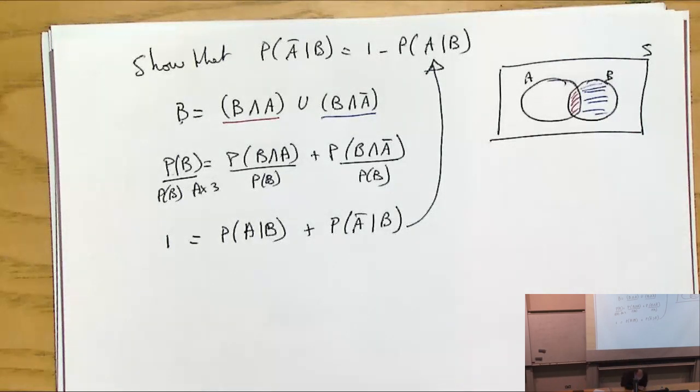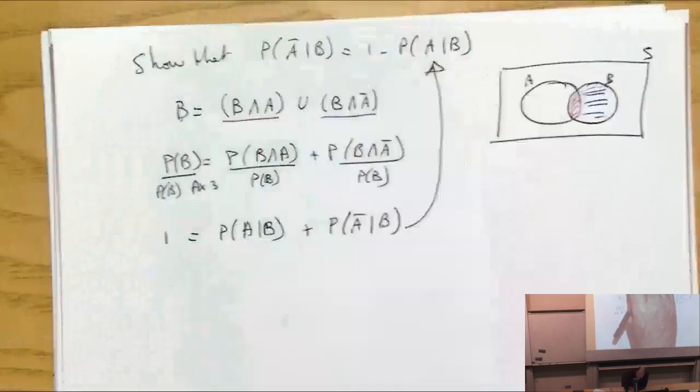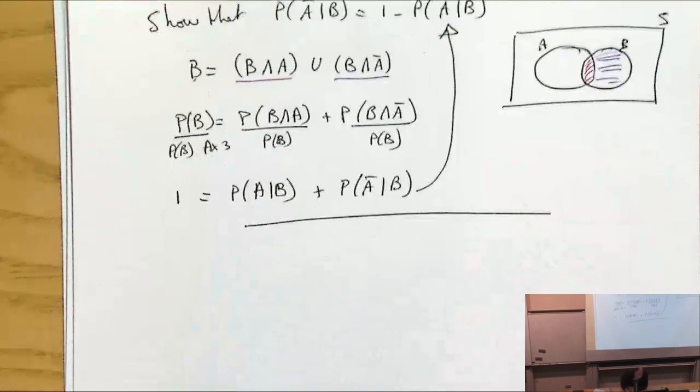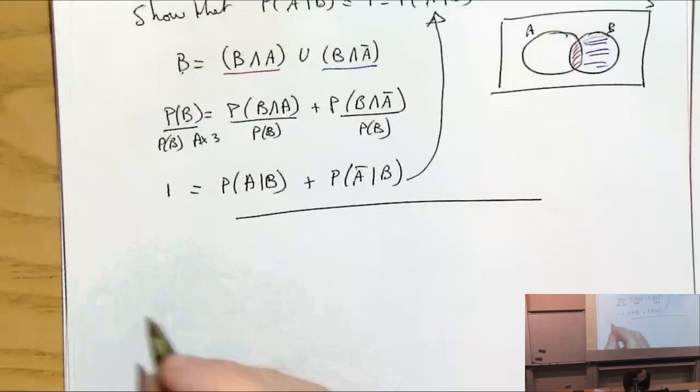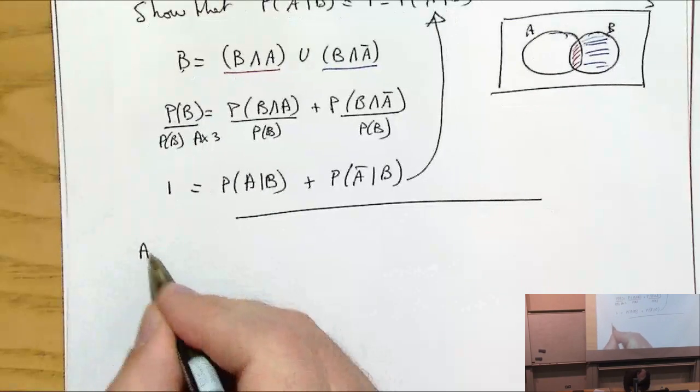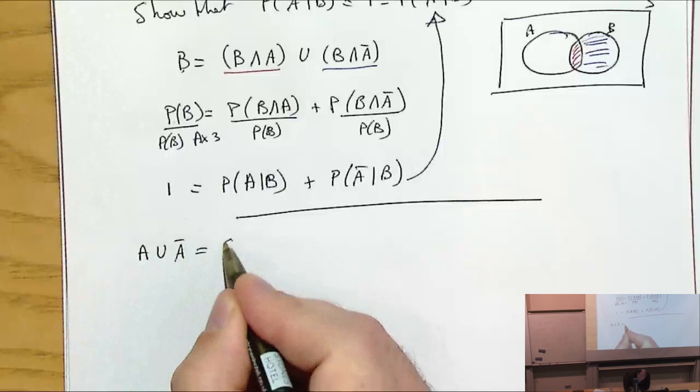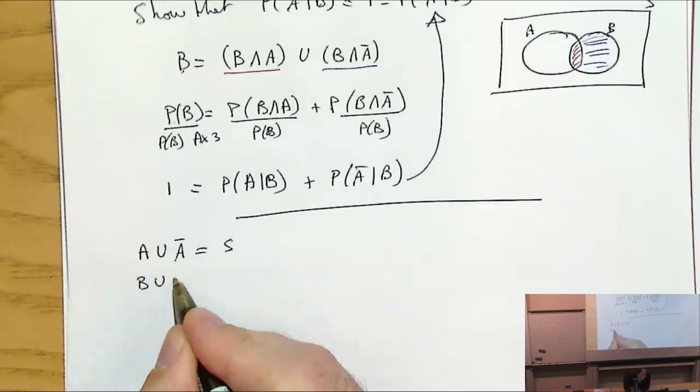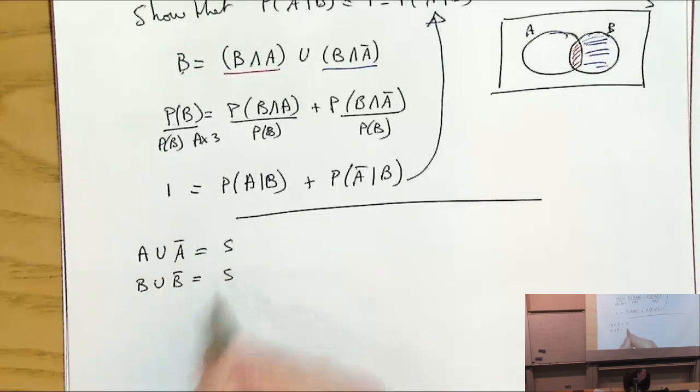So let's try to summarize all this. A union not A is the sample space. B union not B is my sample space.